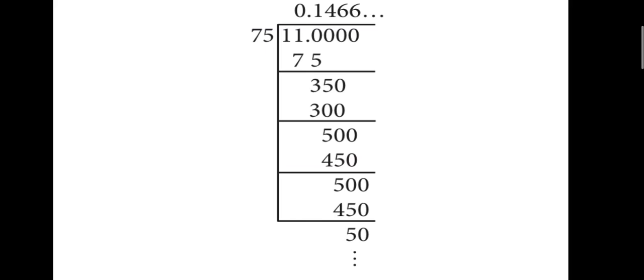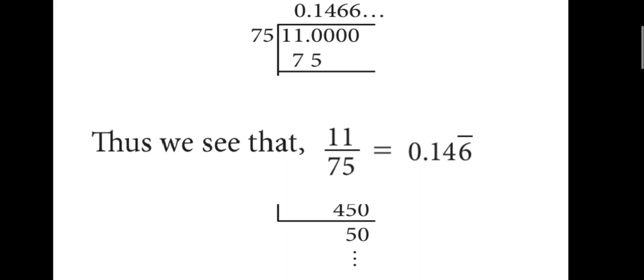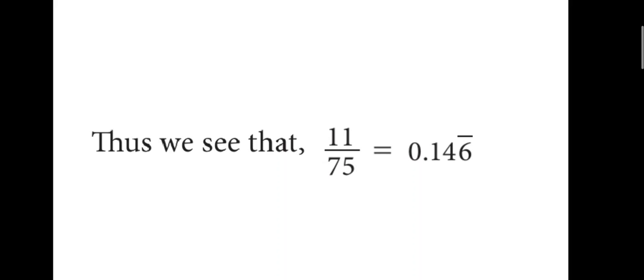Only 6 is repeated, so we can write in symbol 11 by 75 equal to 0.146 bar, and this bar comes only for the digit 6 because here only 6 is repeated, so we can put the bar for the 6 alone.